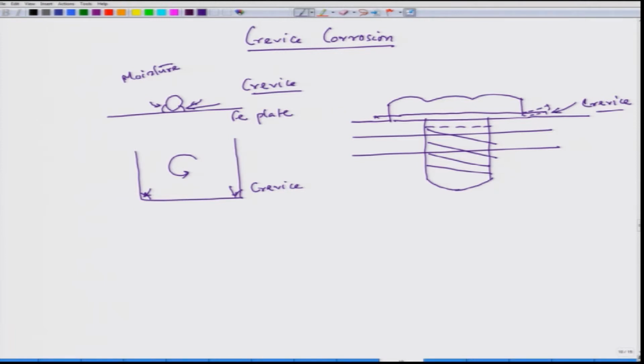Now, we have been talking about two things: one is the crevice and the second is water ingress in the crevice. When we talk about water ingress, we also talk about stagnant water.